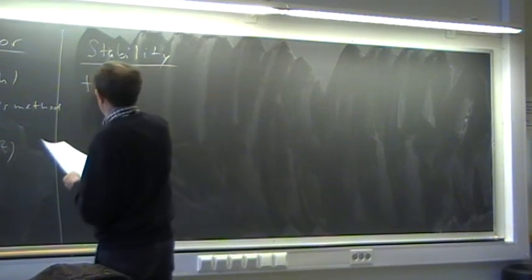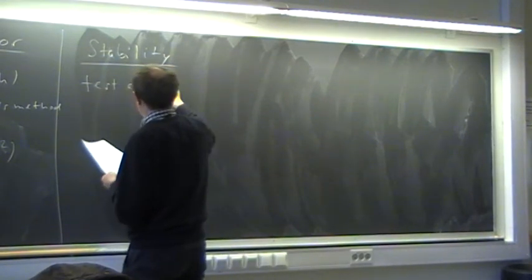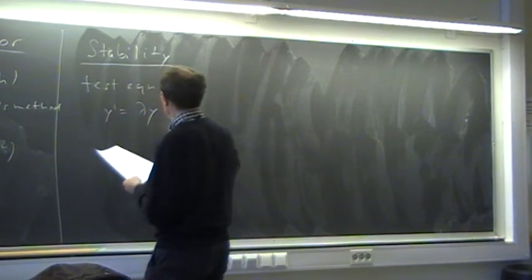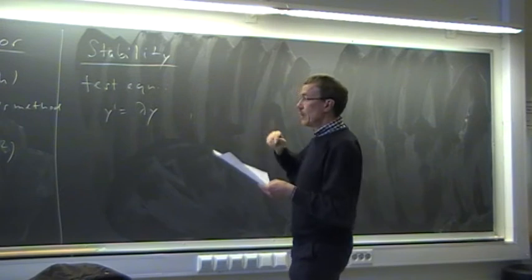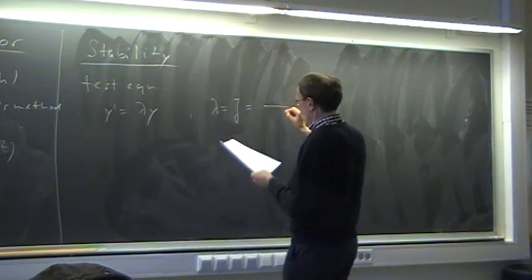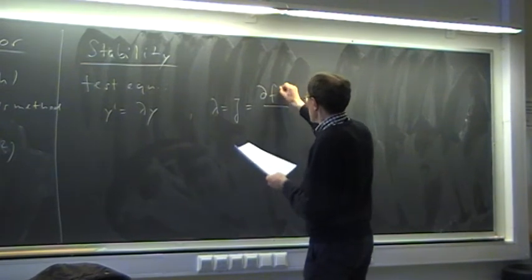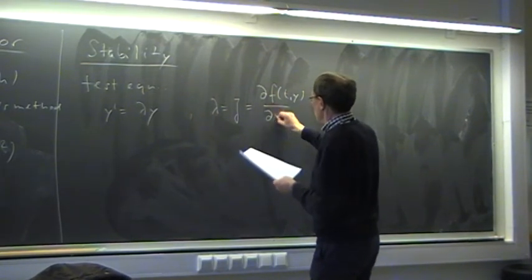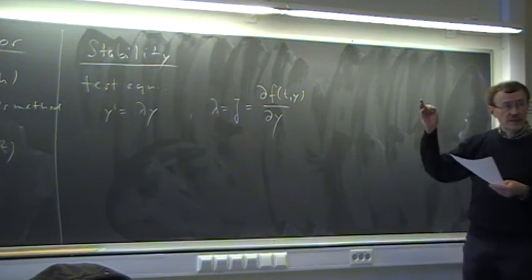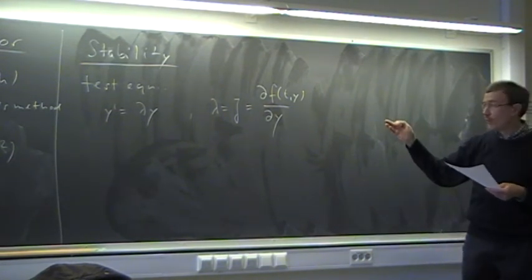The test equation is y prime equals lambda y, and the link to the ODE is that lambda is the Jacobian of the right-hand side, where we differentiate with respect to y. That is a scalar for a scalar problem.